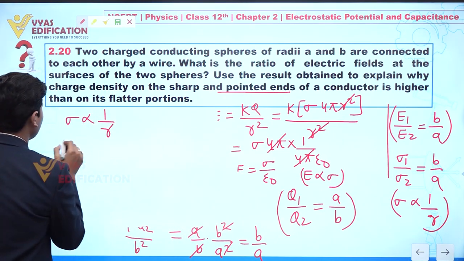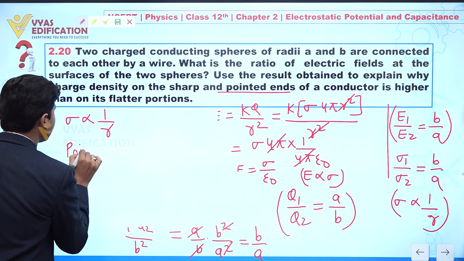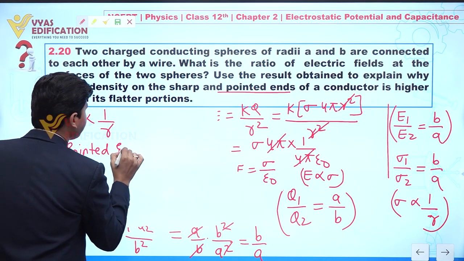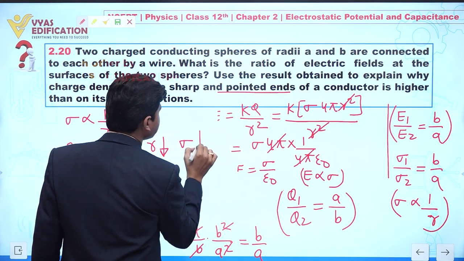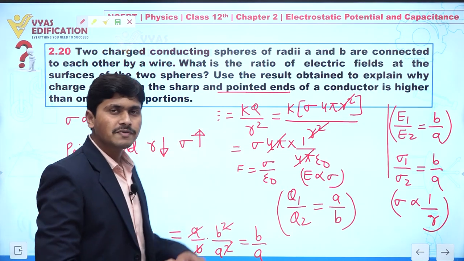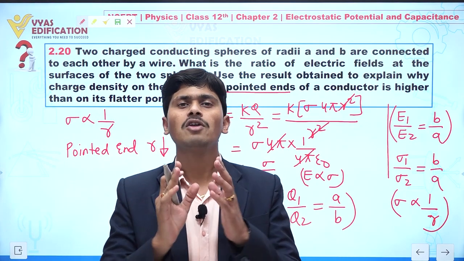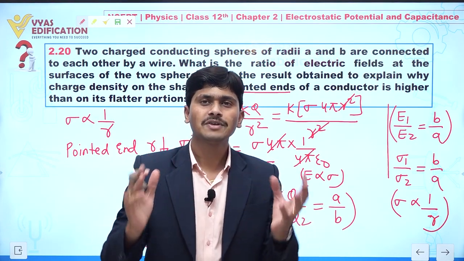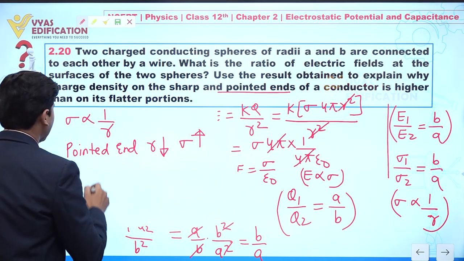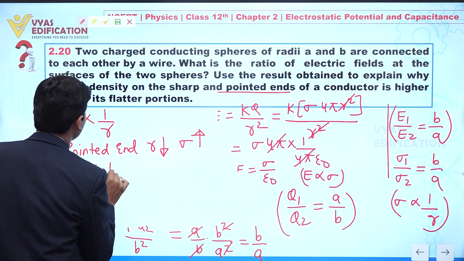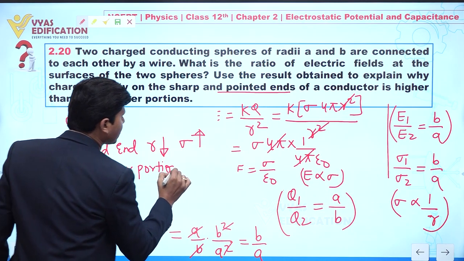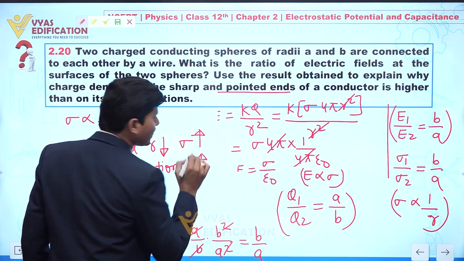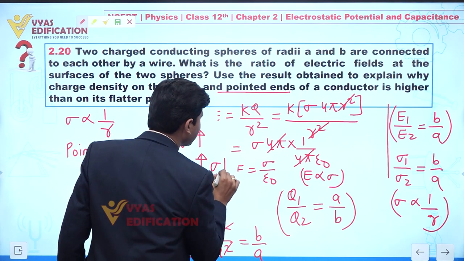For the pointed end, r is very less, so sigma is more. It means at a sharp point we always find a large surface charge density. And for the flatter portion, the r value is very large, so the sigma value is less.